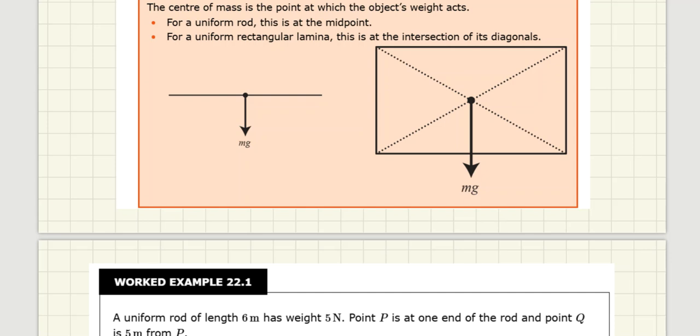For instance, if I hold it at this point up at the top corner, which directions have I got moments happening? Clockwise. But if I take moments about this other point, I have the weight pulling it that way, but what's this one doing?